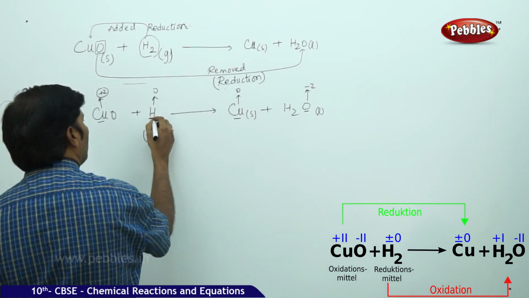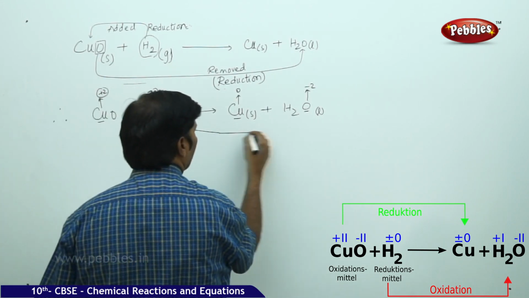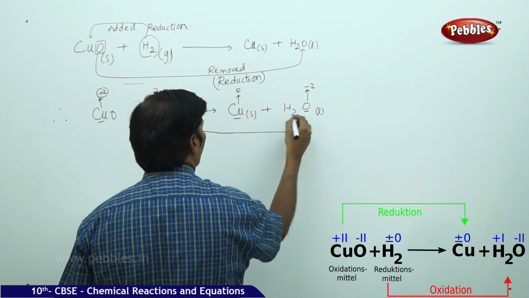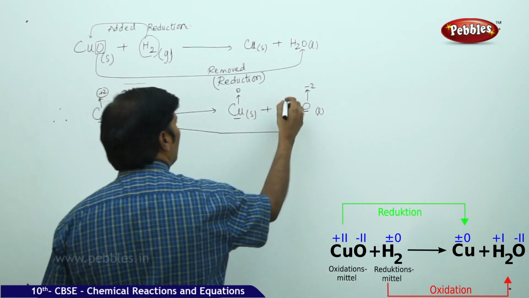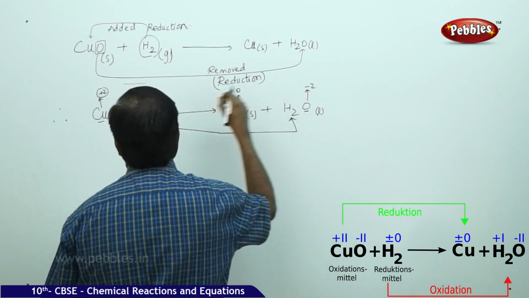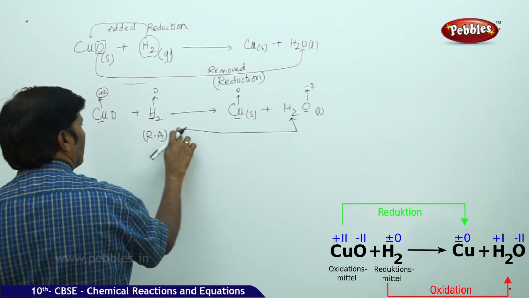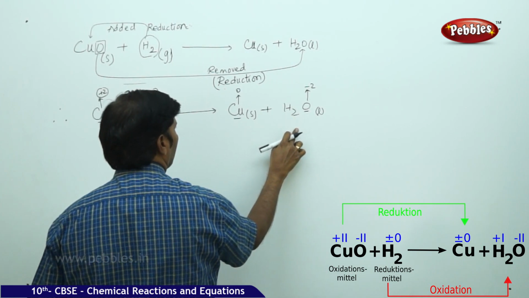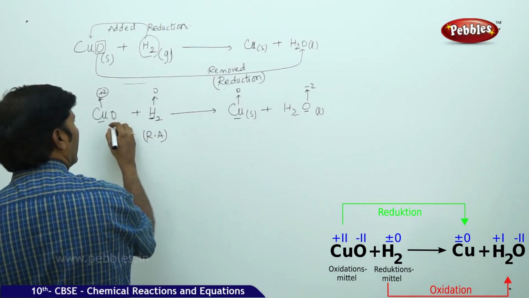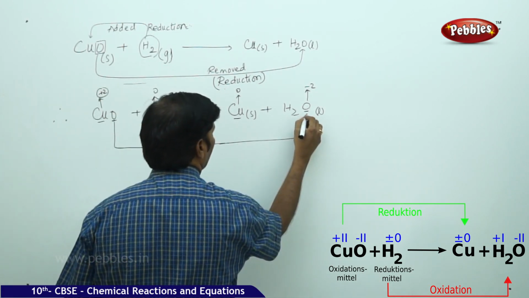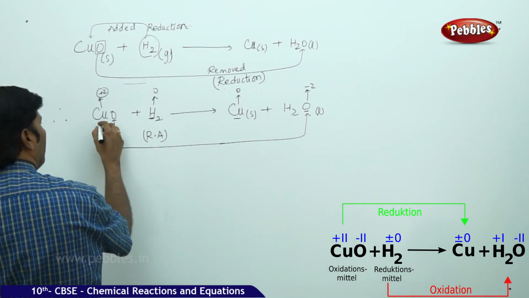So if you are taking hydrogen here, 0 to +2, I will show it like this to better understand. Take the oxygen and take copper.